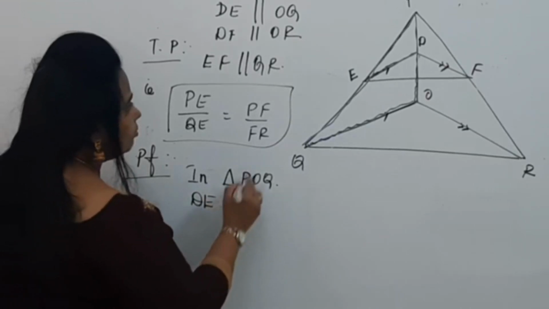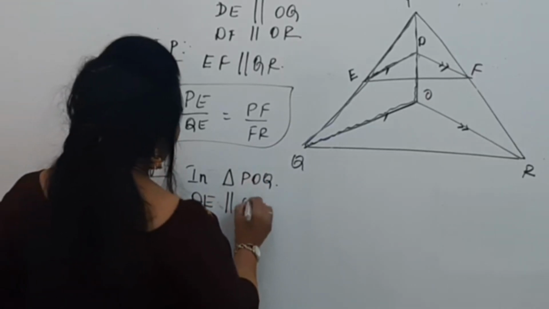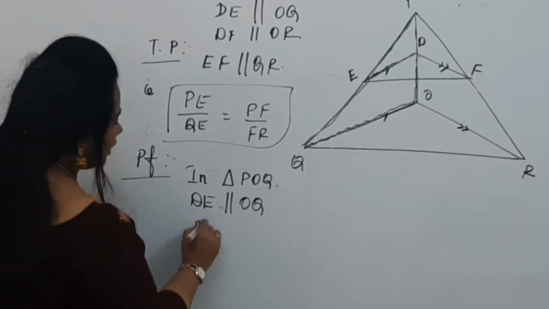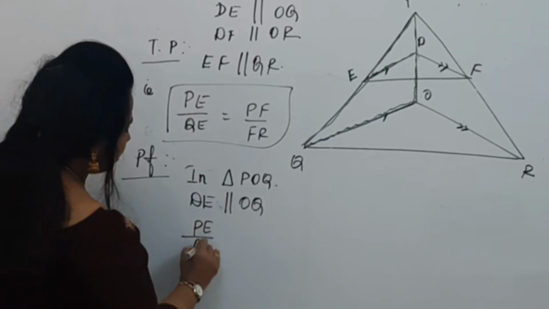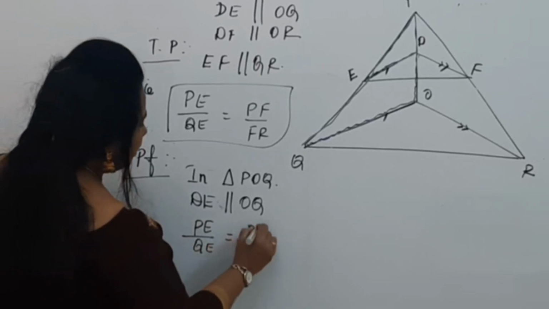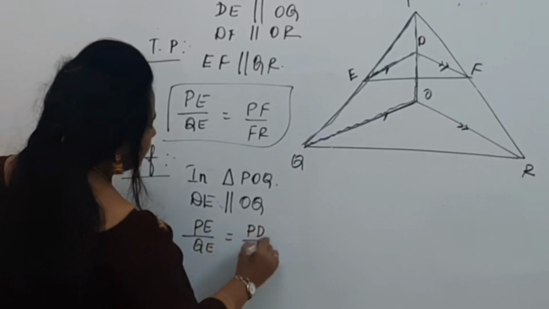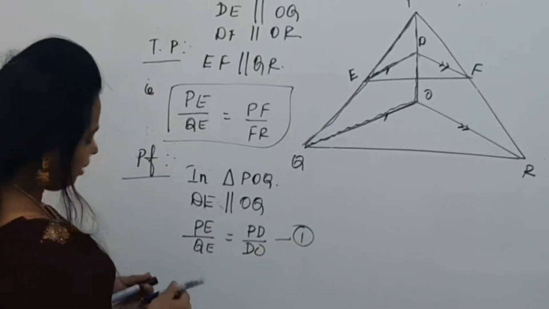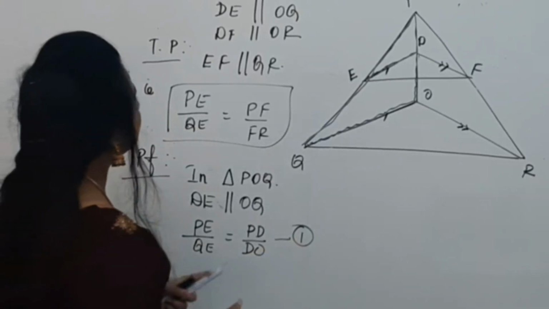So how does my ratio go? PE divided by QE is equal to PD divided by DO. This is my first one. And the second one, DF is parallel to OR.